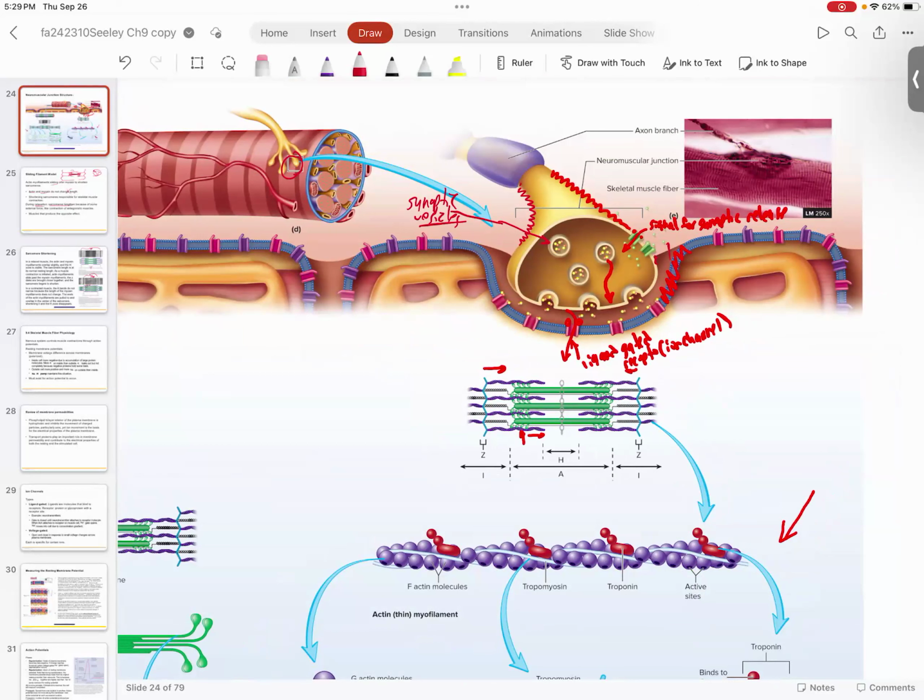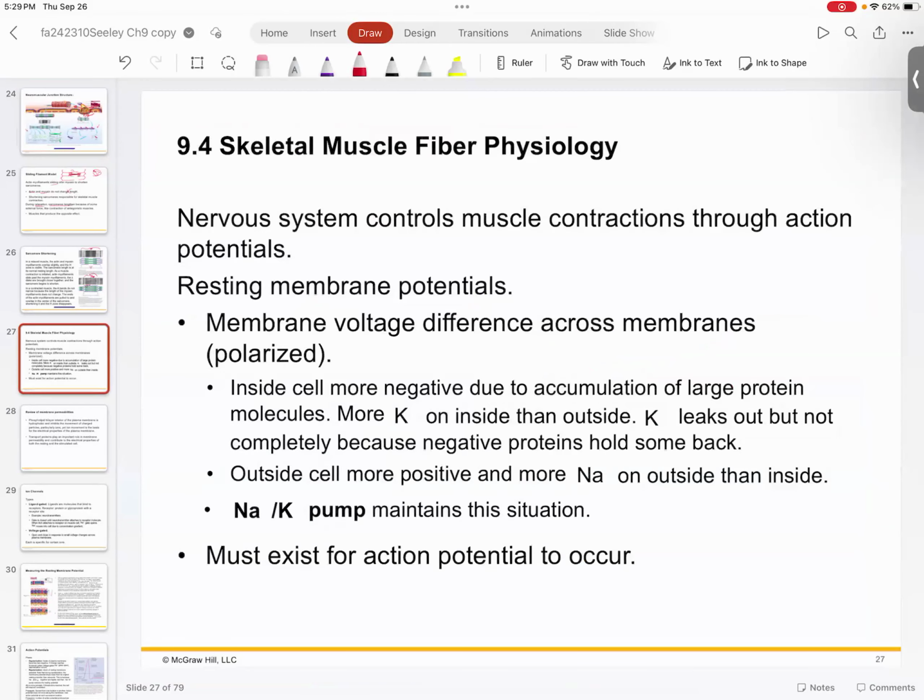And once it's received by the receiving ligand-gated ion channels in the sarcolemma, then you'll reignite the action potential in the sarcolemma, and then it'll basically go down into the T tubules. Okay. So the nervous system is what controls muscle contraction, especially skeletal muscle contraction, and it controls it through action potentials.